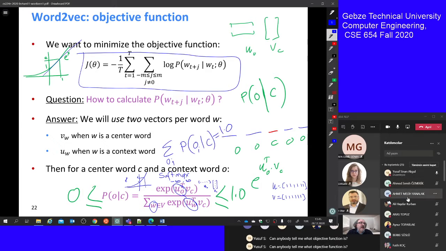Okay. Ahmet Melih Yanalak. Ahmet Melih, can you tell me what an objective function is? Ahmet, are you there? He is not here, so I am removing him from the meeting.